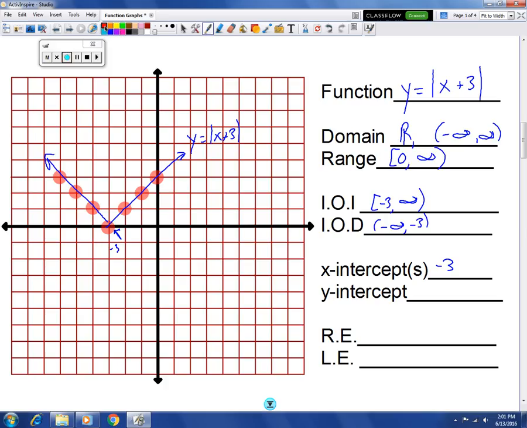Y-intercept is the y value at that vertex. That's the lowest spot. Well, no, the y-intercept is where it crossed the y-axis, which is at +3. Right-hand behavior. Left-hand behavior.